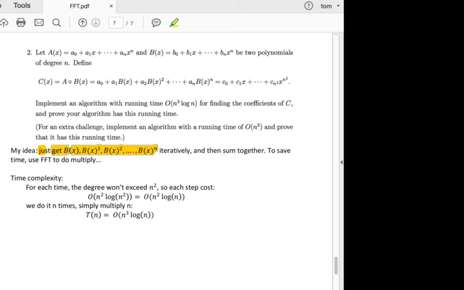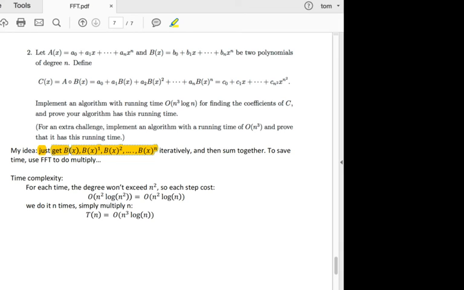So let's analyze the time complexity. For each step, the degree will be at most n squared, because at most it should be b(x) to the power of n, and the degree of b(x) is n, so it's at most n squared.